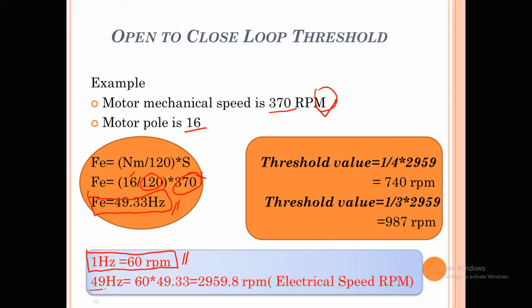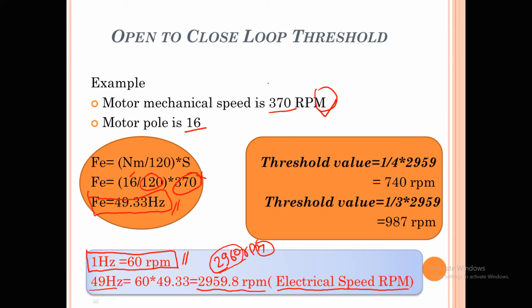And when we talk about 49 Hertz, it means we have 2959.8 RPM. Round figure you make it 2960 RPM. And that is the electrical speed. What we discussed in our last lecture: when we synchronize your motor, if your motor is running at 370 RPM, it means electrically in 1 minute you are sending 2960 electrical cycles.